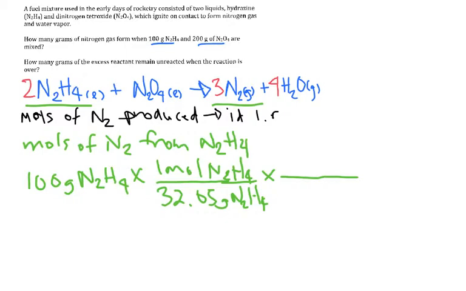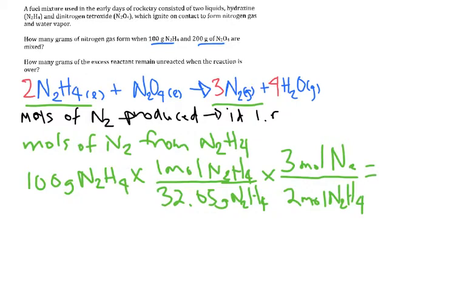So for every 2 moles of hydrazine, that's just the coefficient from the balanced reaction, there are 3 moles of N2.